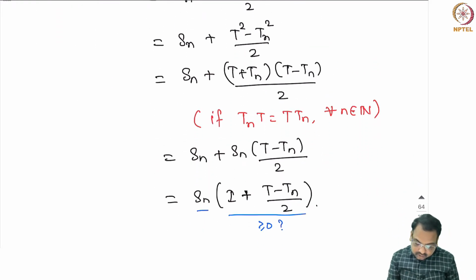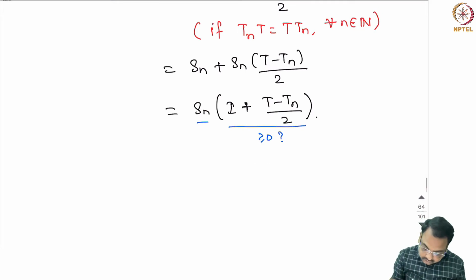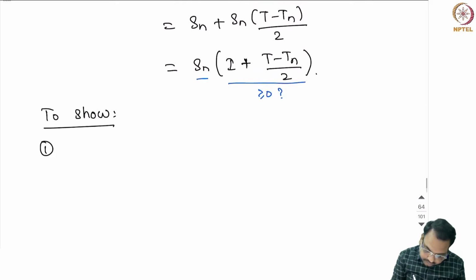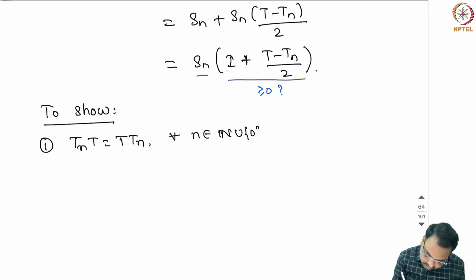So our next goal is to show that T and Tn commute, the second goal is to show that I plus T minus Tn by 2 is positive, and the third one is we want to show that Sn and the operator I plus T minus Tn by 2 commute. So we want to show that Tn commutes with T for every n in N union 0.